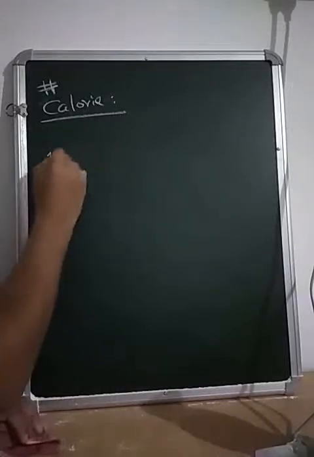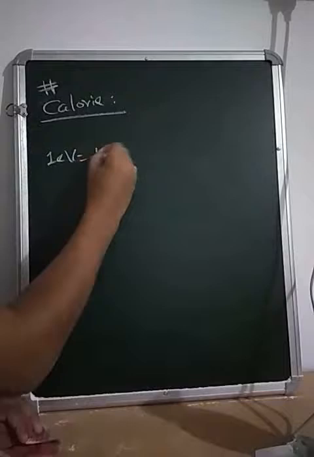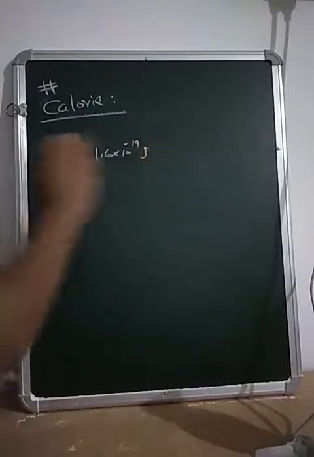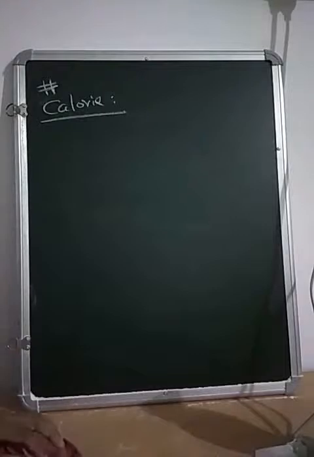Like 1 electron volt is equal to 1.6 into 10 to the power minus 19 joule. So 1 calorie is how much?